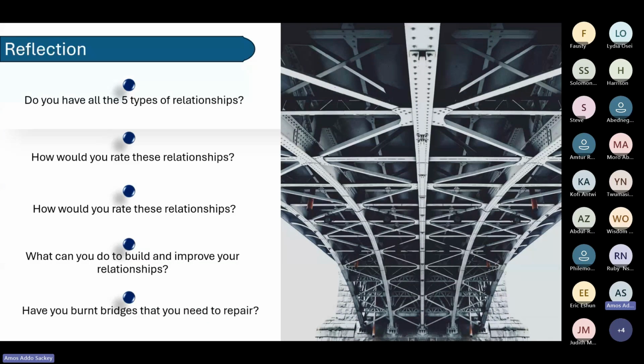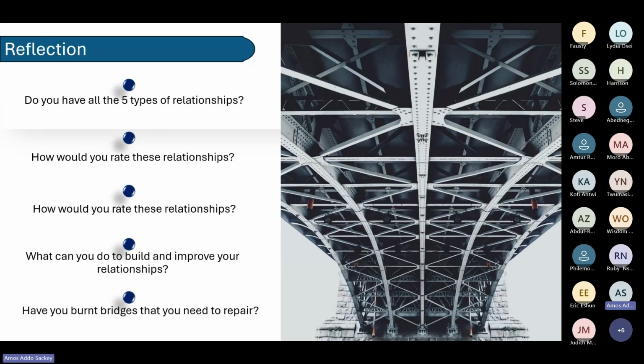Now, as I bring this to a close, and for reflection, do you have all these 5 types of relationships in your life? How would you rate these relationships, each of them? What can you do to build and improve your relationships?